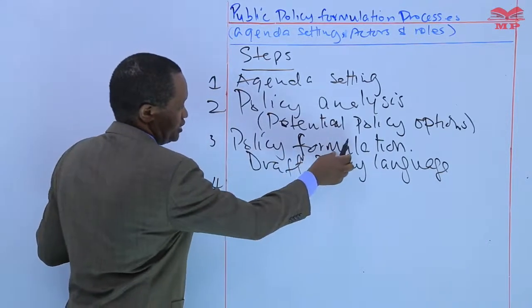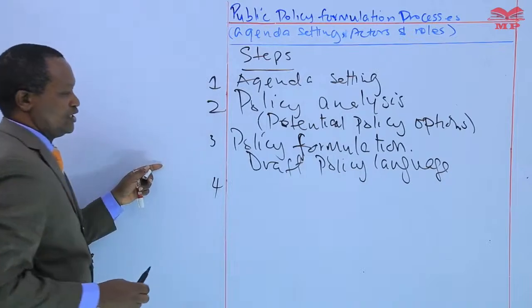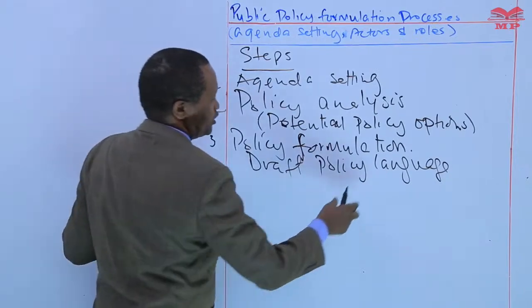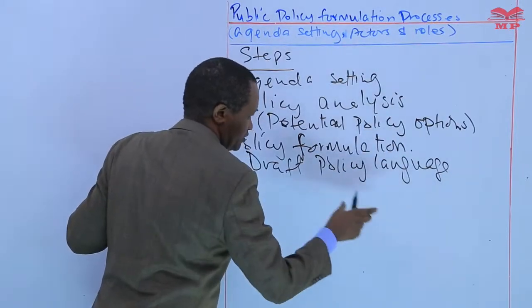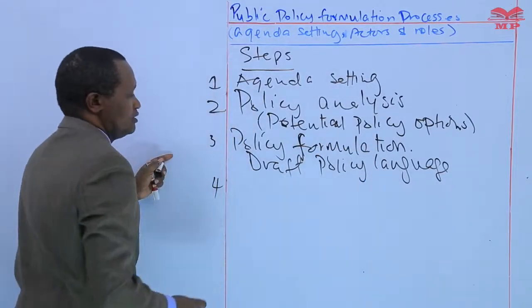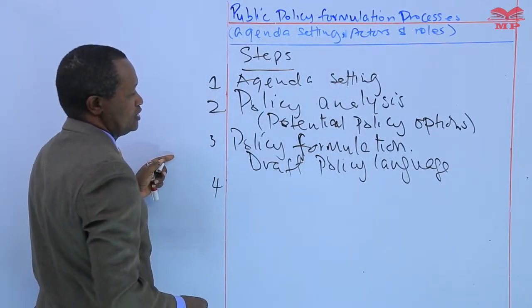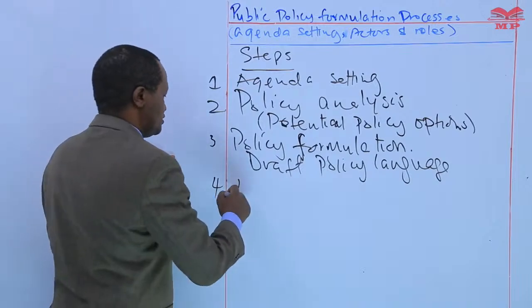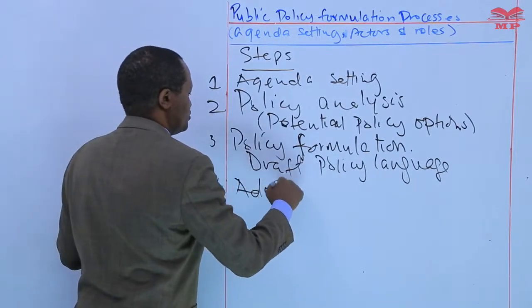Number 4, here the policy has been formulated. You have put it in words, written down these words. You've drafted the language. Then step number 4 is to adopt. Policy adoption.